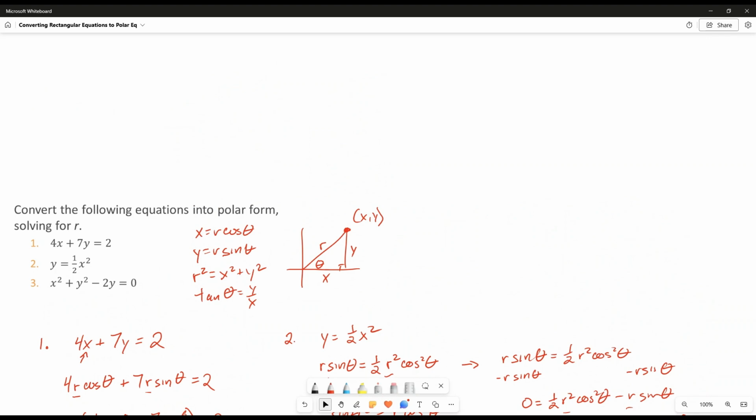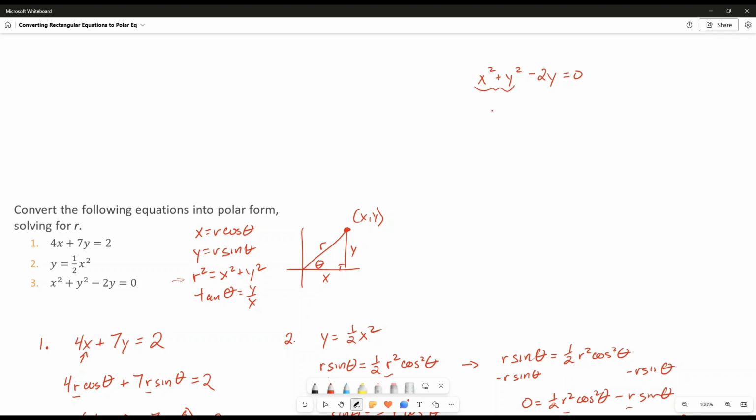This time we have x squared plus y squared minus 2y is equal to 0. So right off the bat, I see x squared plus y squared. And so we could use x equals r cosine of theta and y equals r sine theta. But instead, I already have an equation to convert x squared plus y squared.